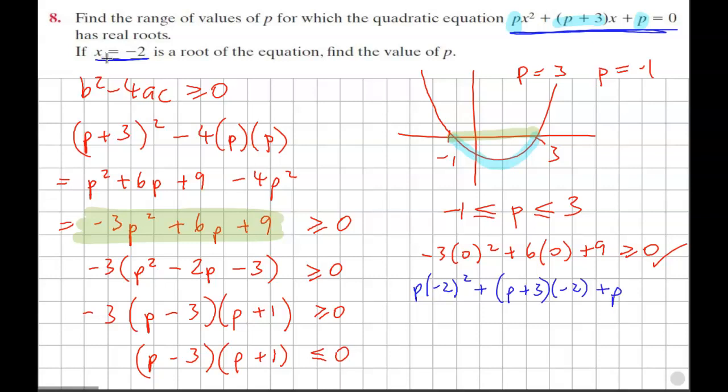And for -2 to be a root of this equation, then this equation should hold, i.e. indeed, as it's stated, it should equal 0. So if I tidy that up and solve it, I get the answer of p is equal to 2. So that is the value of p, so singular, that would work if -2 was indeed a root of that quadratic.